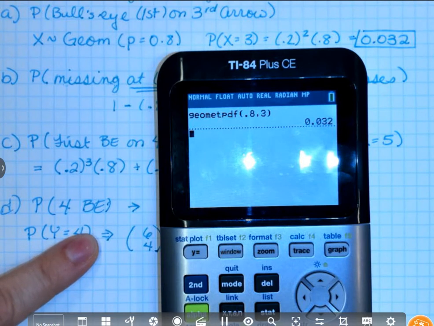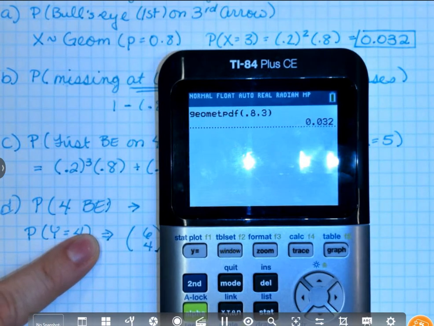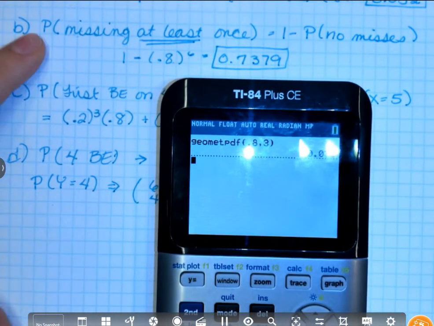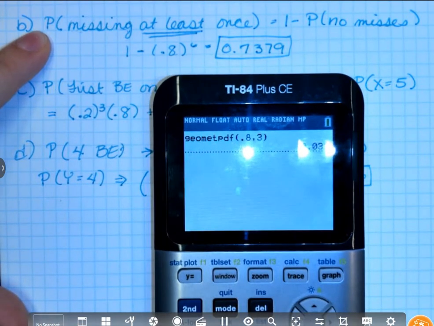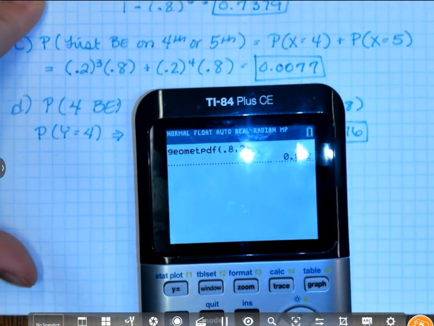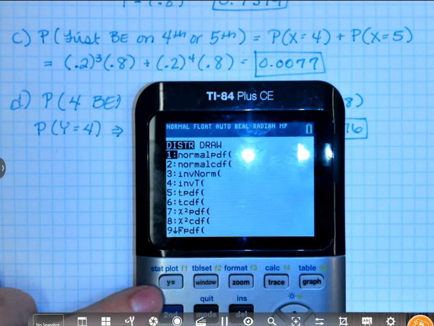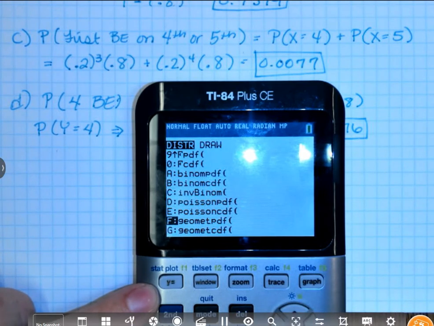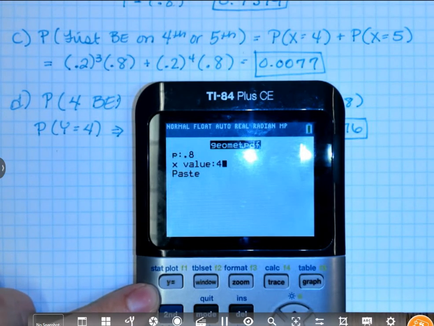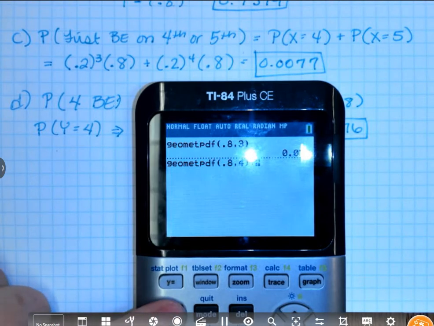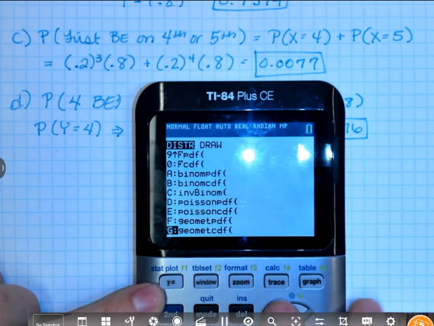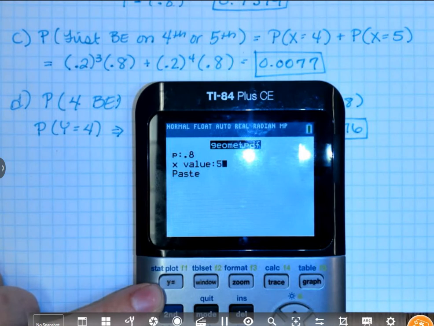You will get an error if your probability is not between 0 and 1. B doesn't really make sense for geometric or binomial, so we don't do that. But C is saying the probability that it's on the 4th or the 5th. I can do second vars, arrow up, geometric PDF, find the fourth, add to it, geometric PDF that it happens on the fifth.